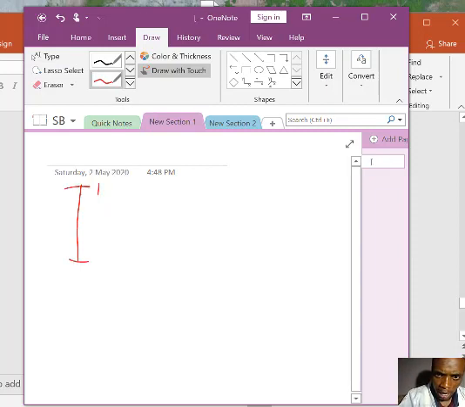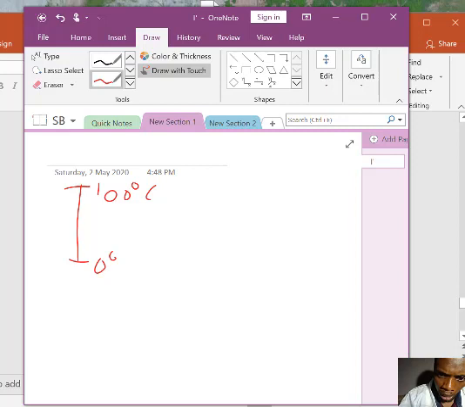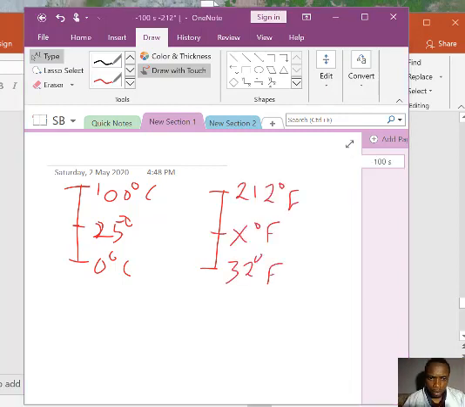the Celsius scale, which is 100 degrees Celsius at the upper and 0 at the lower, then we have 25 degrees. Then also we have the Fahrenheit scale. Here you see the upper is 212 and 32 is the lower, like the one we explained before.